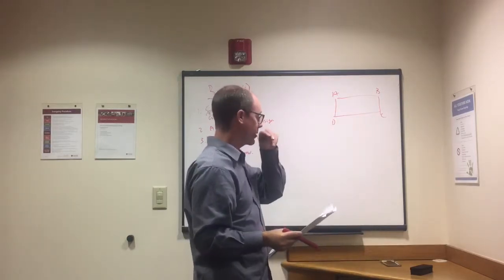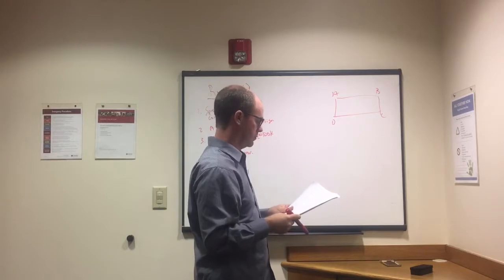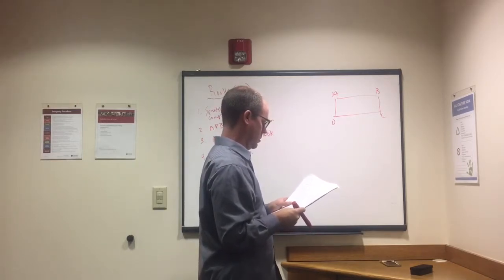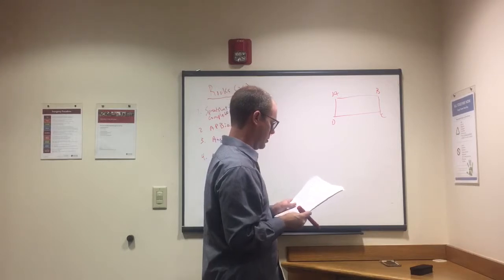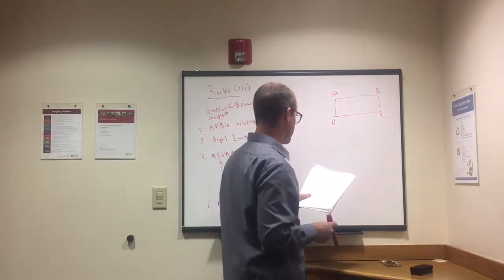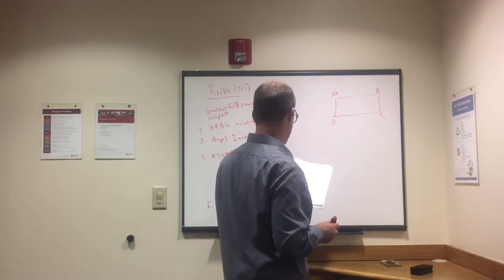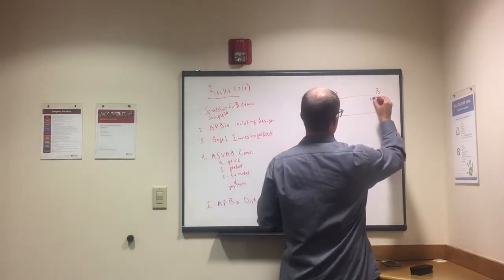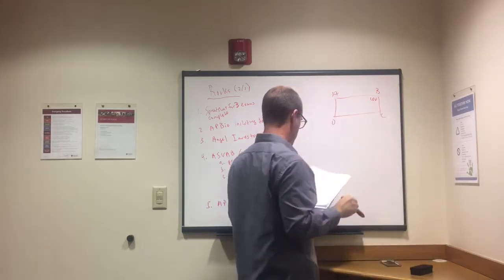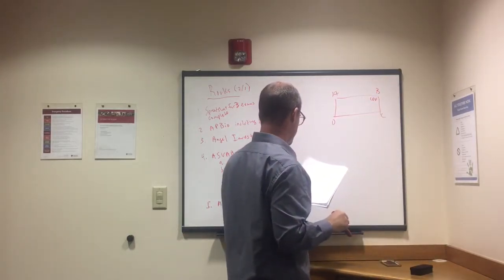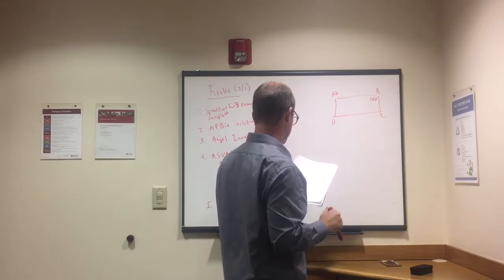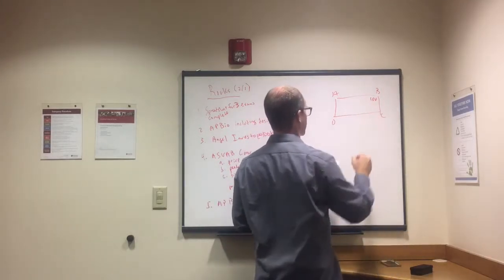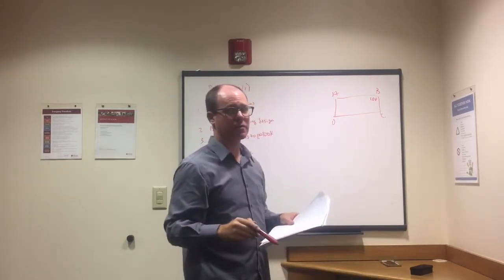That tells us it's a parallelogram and not a rectangle. In parallelogram ABCD, B and D are opposite angles and A and C are opposite. It says B is 100, and the question is, what is A? They're going to tell us that in this one, opposite angles are equal.